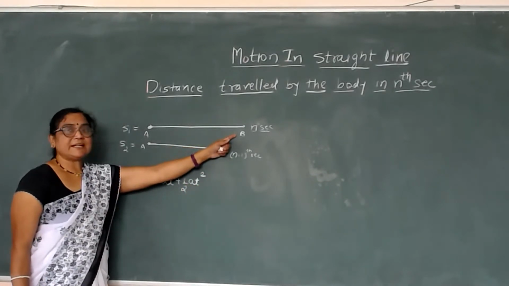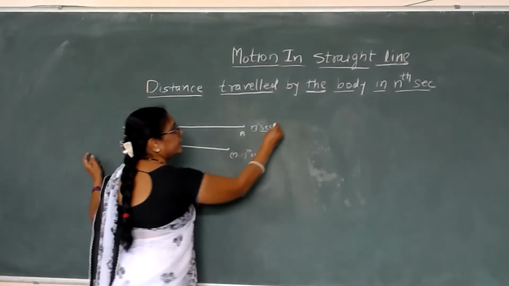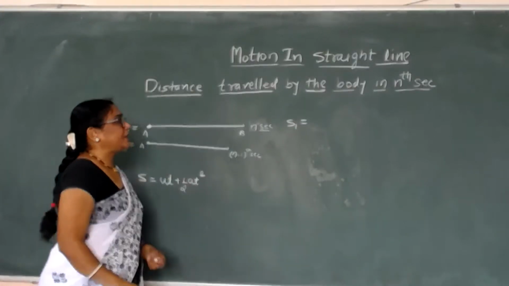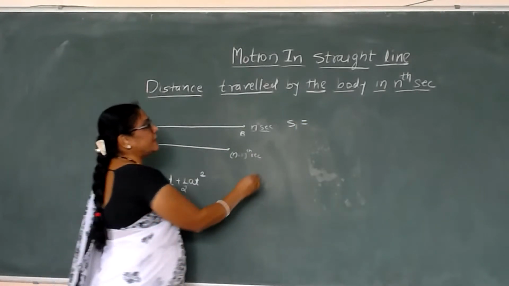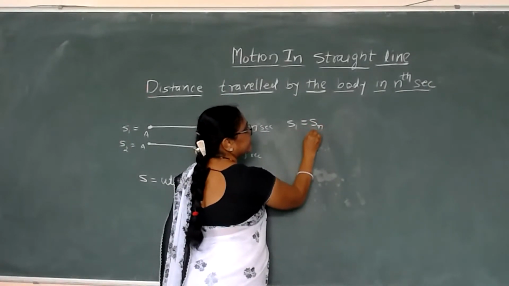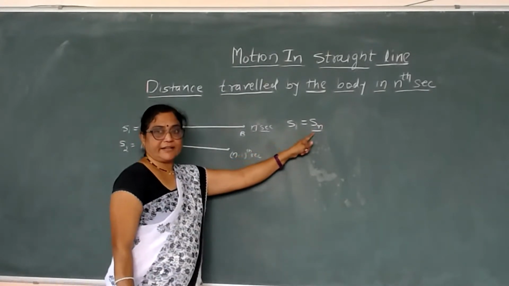Here n is the time. So change that equation. That is S1. S1 is the distance covered by the body in n seconds, where n is the time.